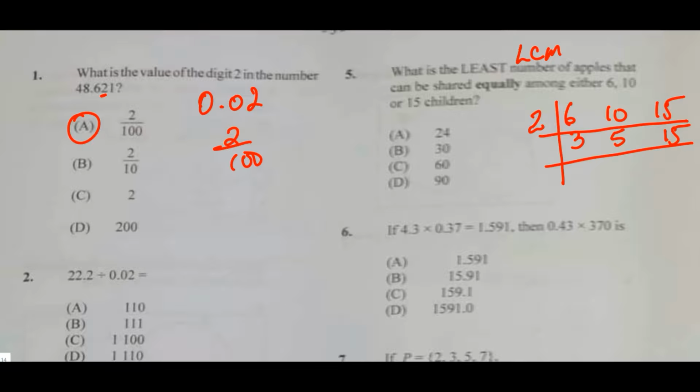Then the next smallest number that we can choose is 5. So 5 can't go into 3, so you put back a 3. 5 into 5, 1. 5 into 15 goes 3 times. Next smallest number is 3.